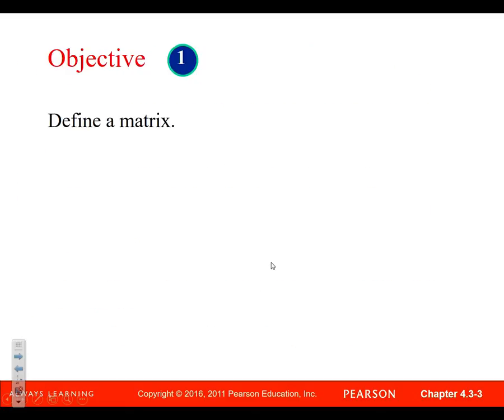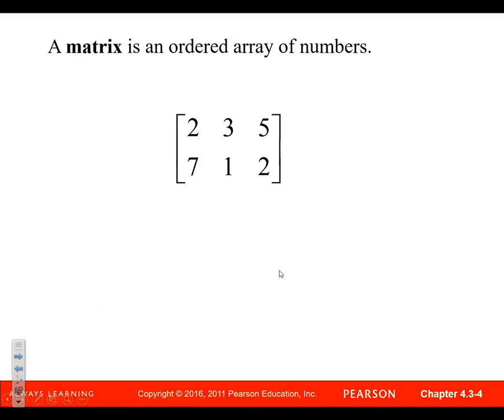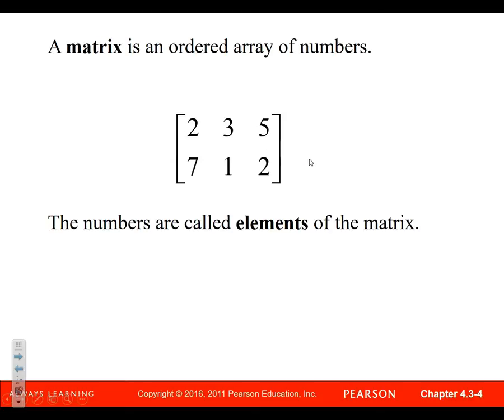For starters, you have to be able to define a matrix. This is what a matrix looks like. In this case, it's a 2x3. It's always rows by columns. So in this case, it's 2 rows, 3 columns. So this matrix would be considered a 2x3. Every number on the inside is called an element. And each element has an address, if you will, or a name.